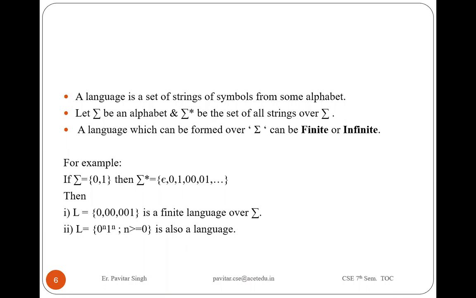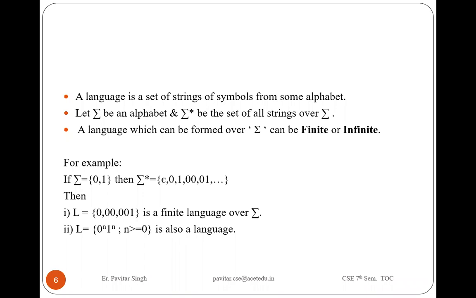If you have only 0, this is your string. If you have only 1, this is your string. If you have two combinations: 00, 01, 10, 11, and so on, because here the length is not defined. I hope the concept is clear. This is your sigma star.